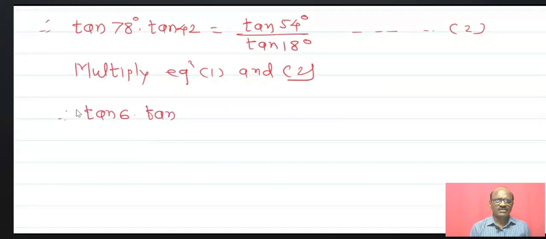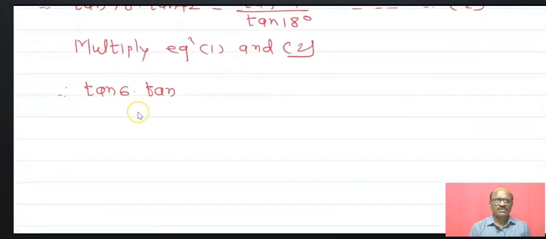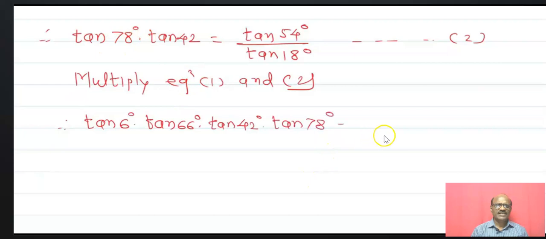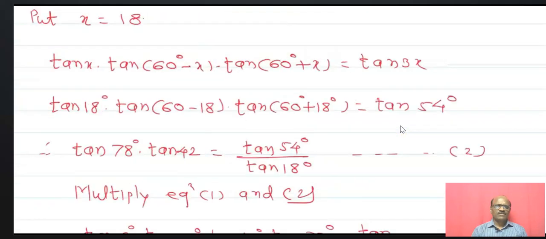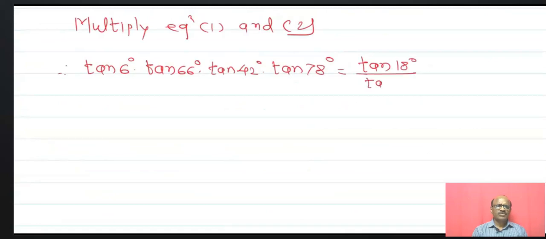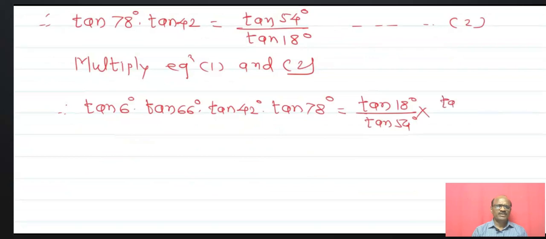That is tan of 6 into tan of 66 into tan of 42 into tan of 78, and that is equal to tan of 18 upon tan of 54 into tan of 54 upon tan of 18.